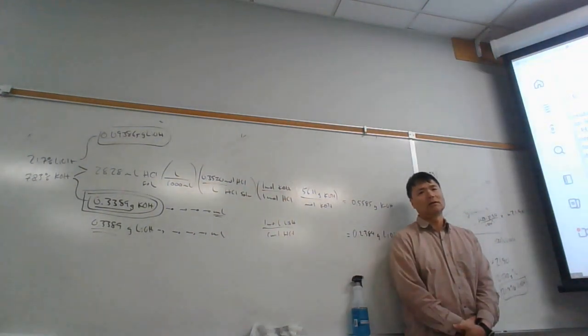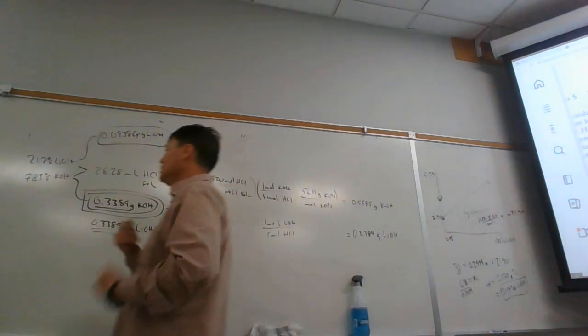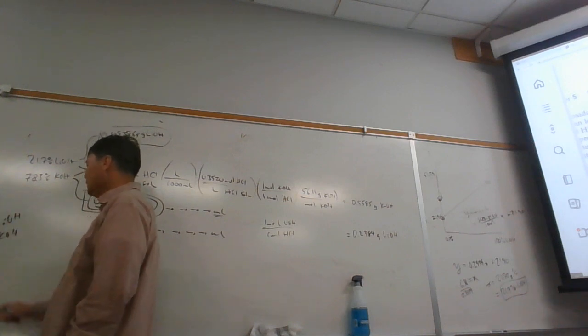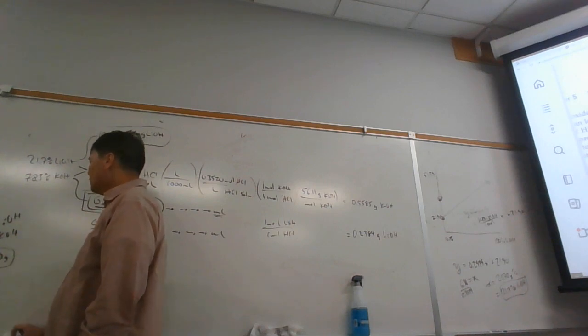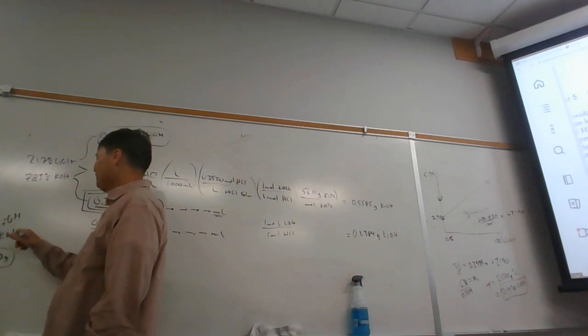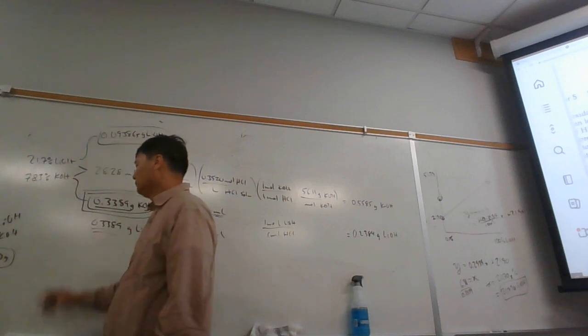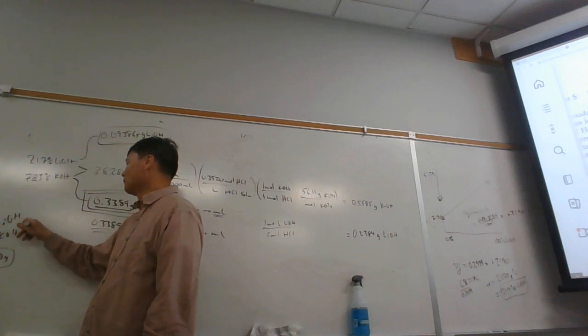And so the way I see it is, let's say you had a mixture of lithium hydroxide and potassium hydroxide here. And let's say you had 10 grams. And then you pick something in the middle, like a number of 8 grams.